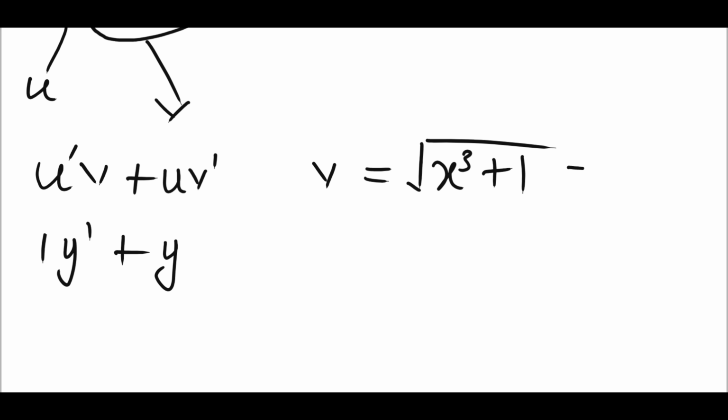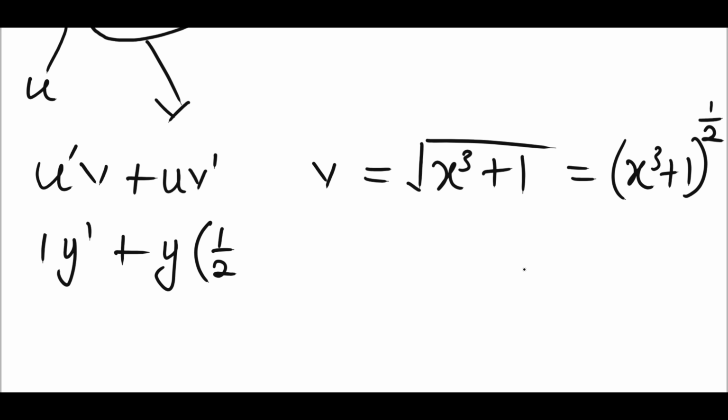We know that it can be written as (x cubed plus 1) in bracket having an exponent of half. So when you are differentiating, you bring down the power, which is half.